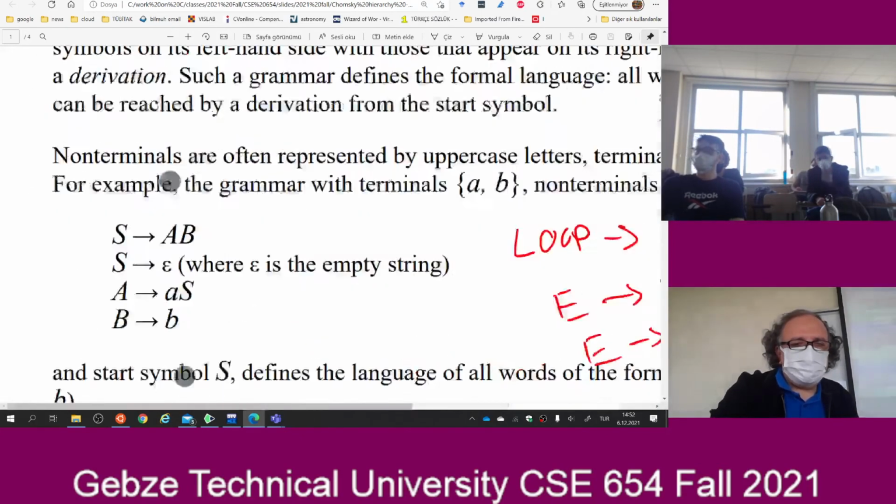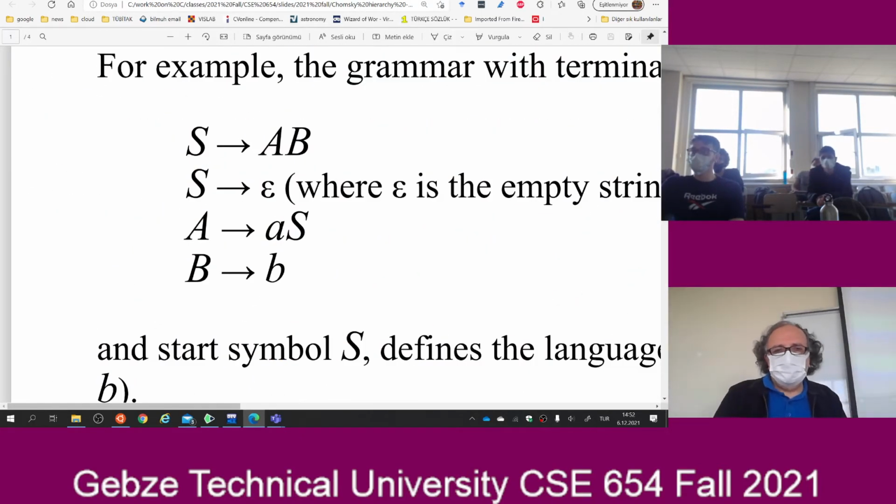Okay, for example, this is a grammar. Small case letters a and b are our terminals, and this is our start symbol. So can you tell me one sentence that can come out of this grammar? Just an a?